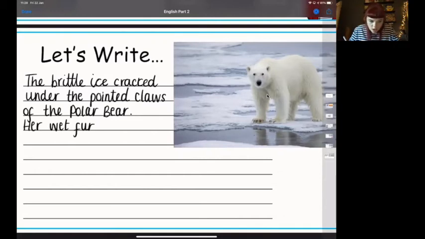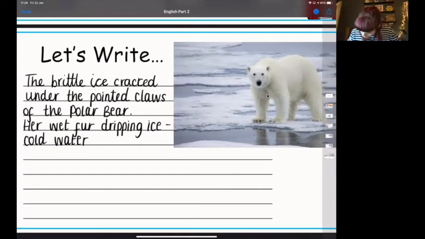Her wet fur, dripping ice cold water. So water is my noun, and that water is being dripped onto the sort of white snow. Onto the white snow. Oh, I'm really starting to paint a picture now.